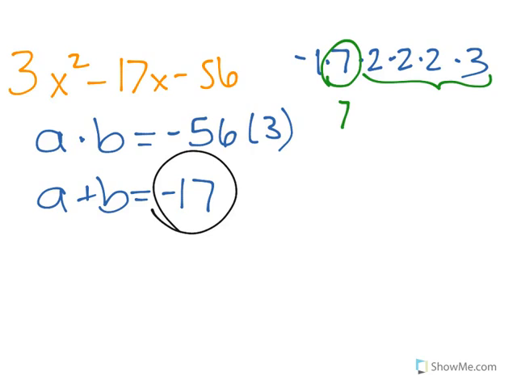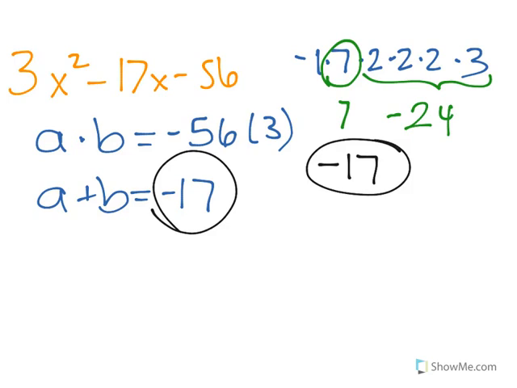So 2 times 2 times 2, that's 8, times 3, 24, and we make the bigger of the two negative.